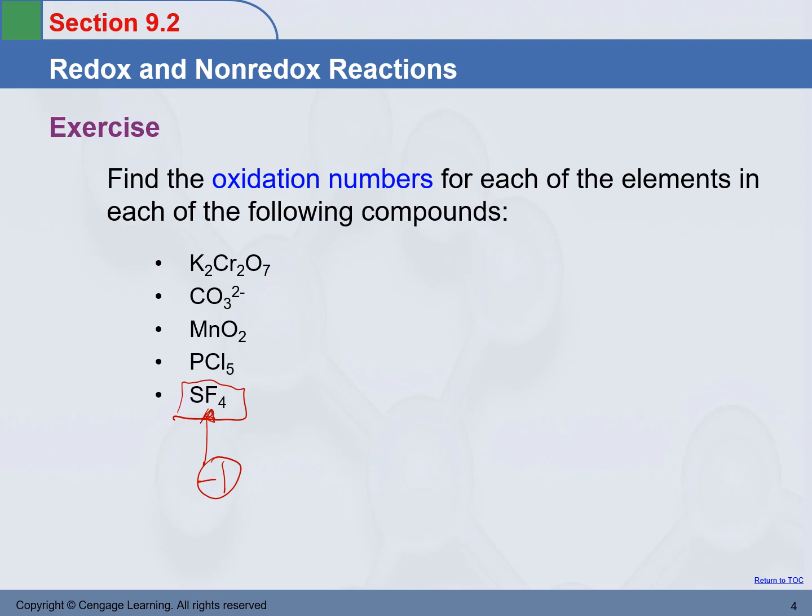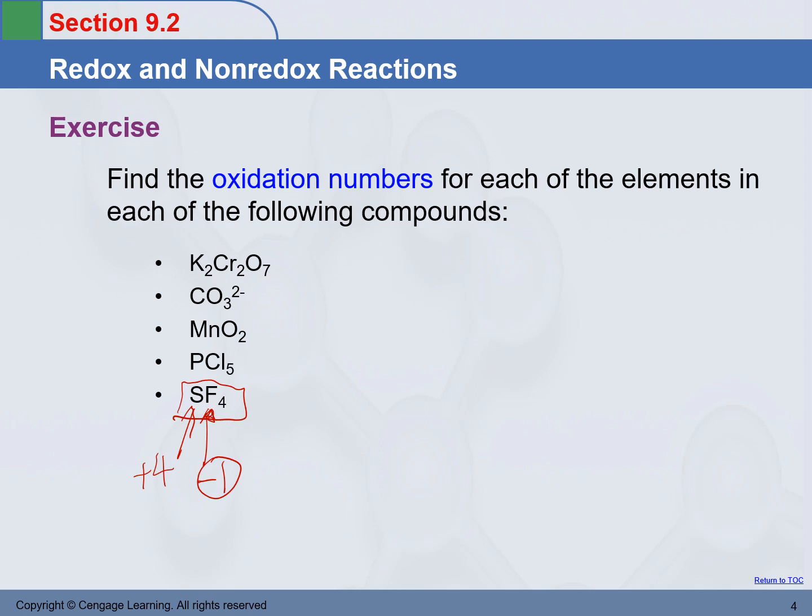If fluorine is -1, rule number 7 tells us the oxidation numbers for everything else together should equal 0 because it is a compound. If fluorine is -1, you have 4 fluorine atoms, so you have -4 altogether, so the sulfur has to be +4. Make sense to you?